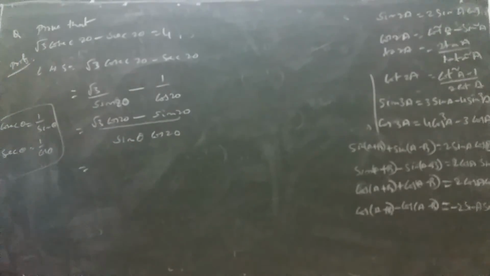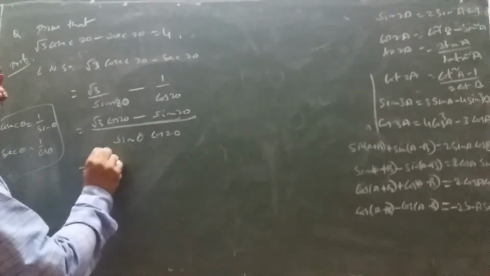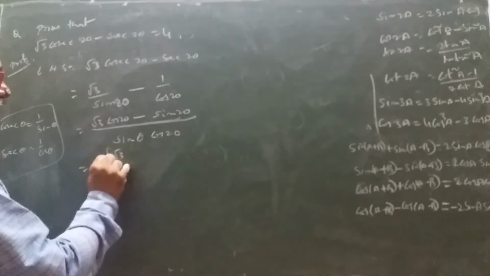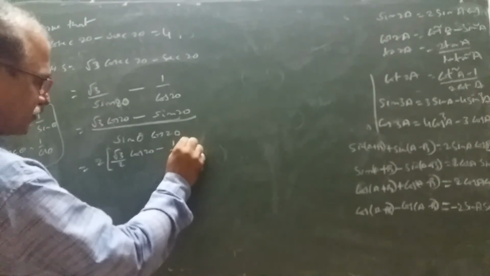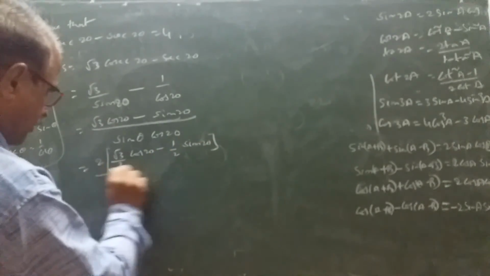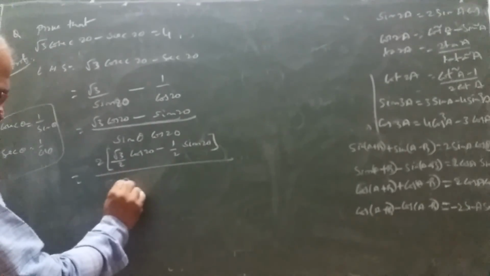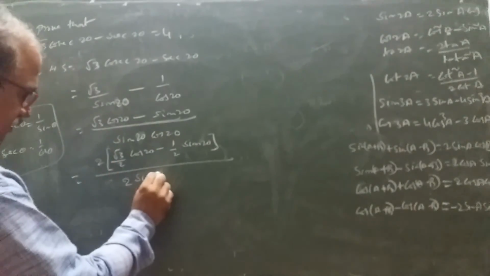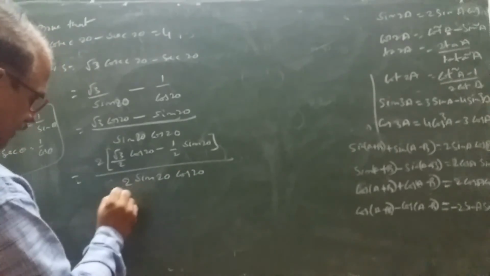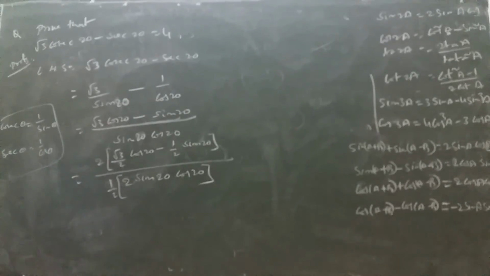This can be changed by multiplying and dividing with 2, that is, 2 into (root 3 by 2 cos 20 minus 1 by 2 sin 20), whole divided by sin 20 cos 20 multiplied and divided with 2.